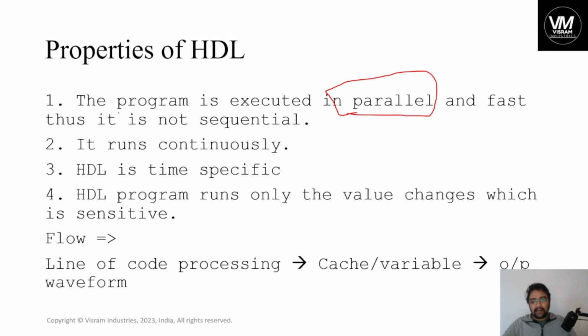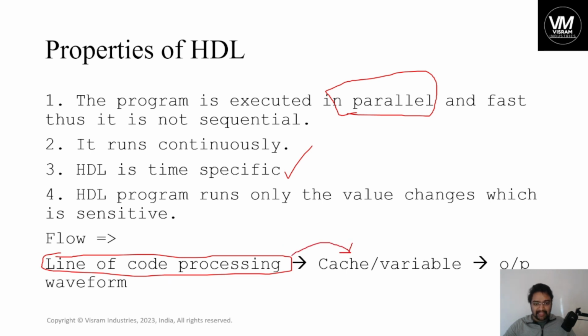And then what we are looking at is that HDL is time specific. Yes, we need to mention the clock or the time that needs to be operated with the data flow. The flow is, we write lines of code in text format. Then it goes to some cache variable by the EDA.